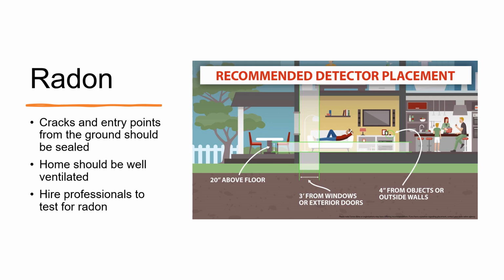This little infographic here shows the recommended radon detector placement within the home. As you can tell from their suggestions, it's best to measure radon levels close to the ground or the windows or outside walls, because these are places where radon is more likely to be entering the home.